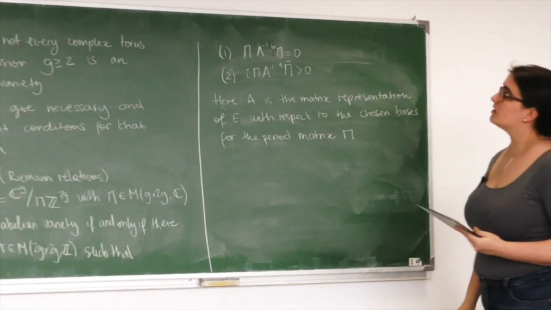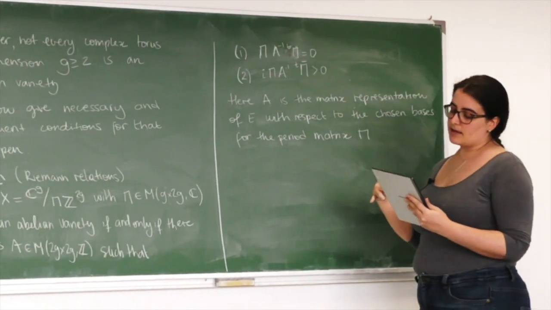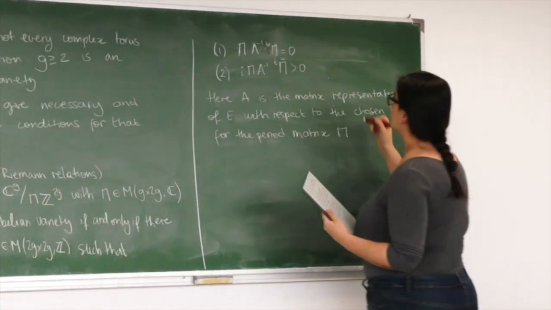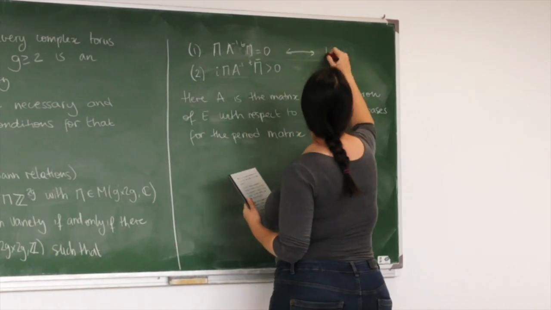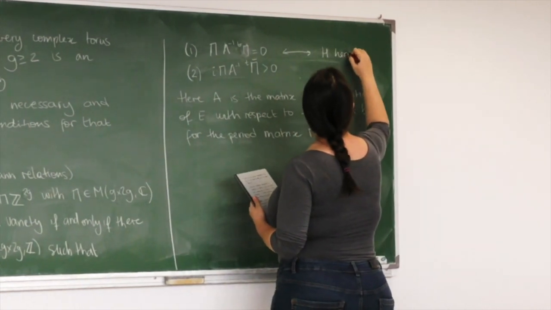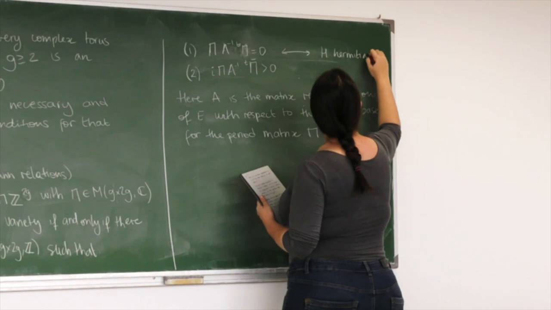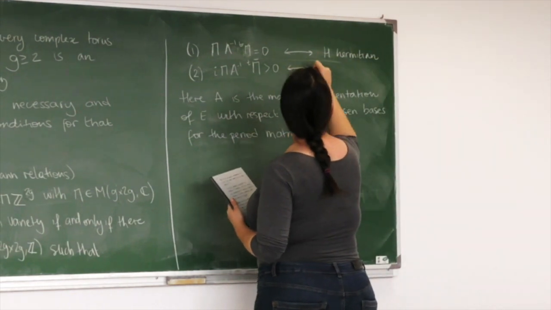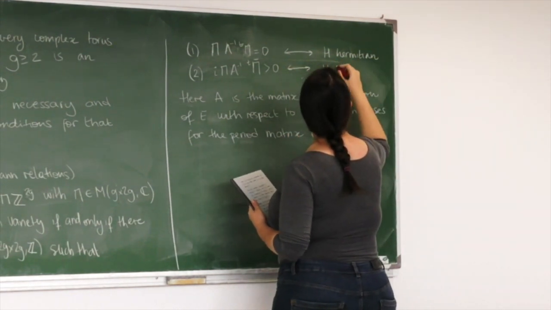And the first condition corresponds to what we had said before, that H had to be Hermitian. The second condition is from the condition that H has to be positive definite.